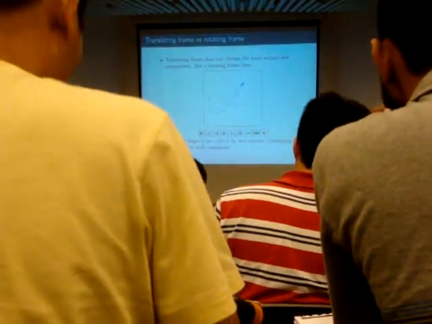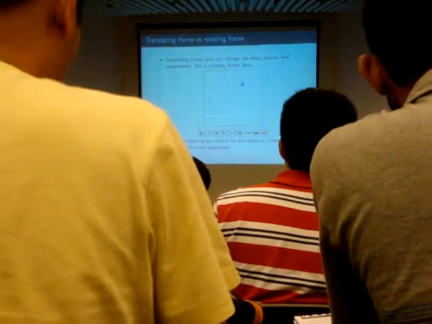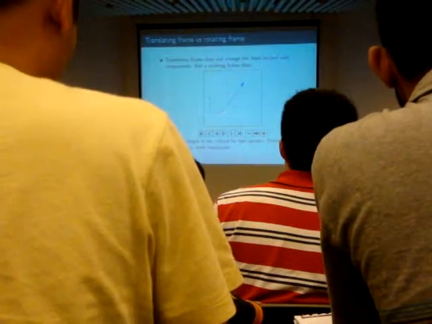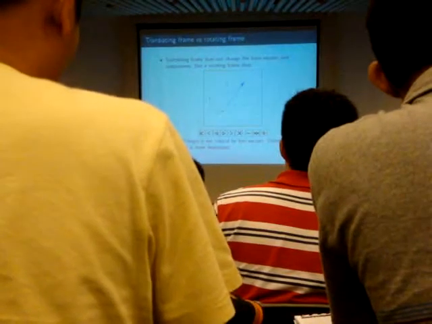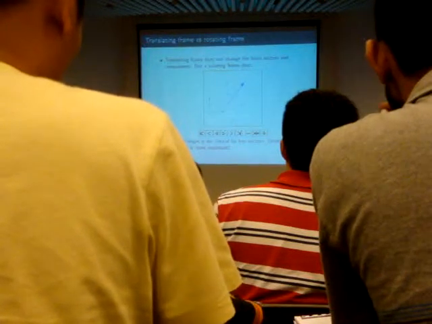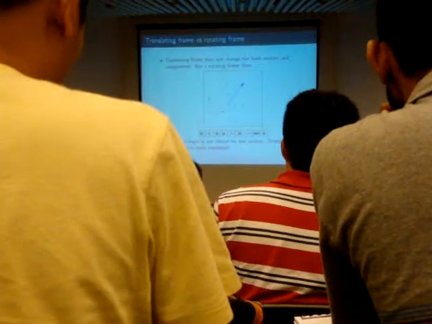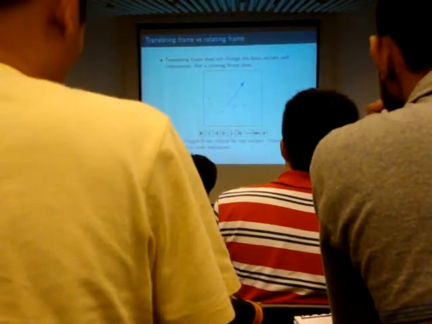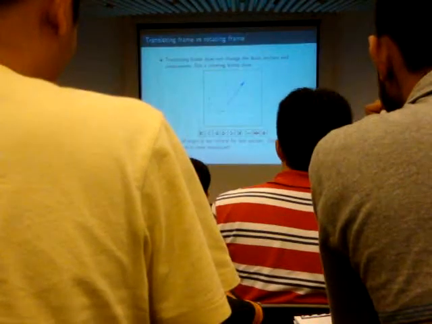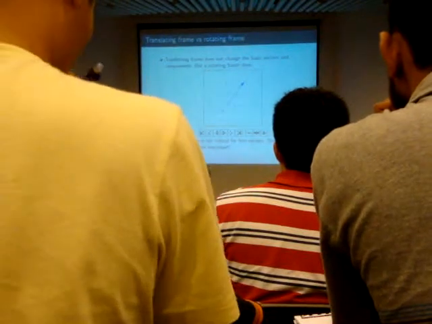But of course, I can actually make this frame translate. That means this frame can actually move. So if this is my coordinate frame, I have a vector here called Q, all right? When I translate, or when I shift the frame, how does it affect the components that I can write Q in? Remember, we write a vector Q in terms of Q1 i plus Q2 j plus Q3 k, right?